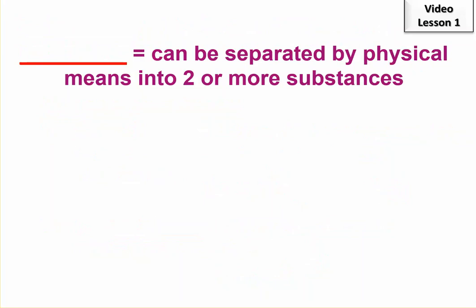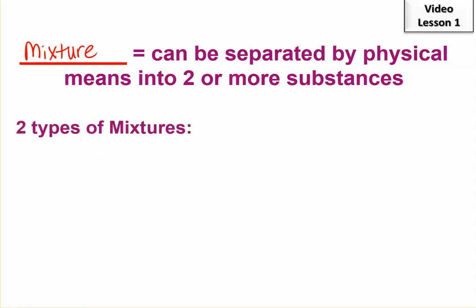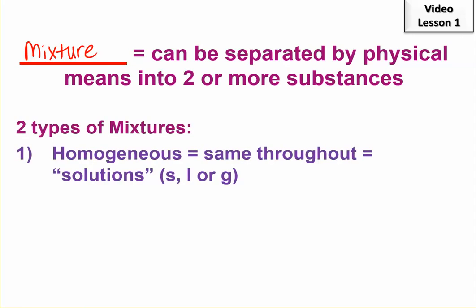Okay, our other type of matter was the mixture. Mixtures can be separated by physical means. There are 2 types. Homogeneous or homogeneous are 2 versions of the same word. But anyway, they are the same throughout. And solutions don't have to be liquids.